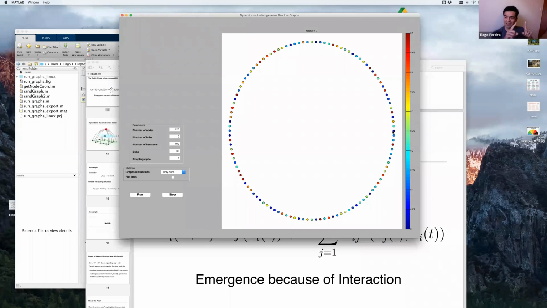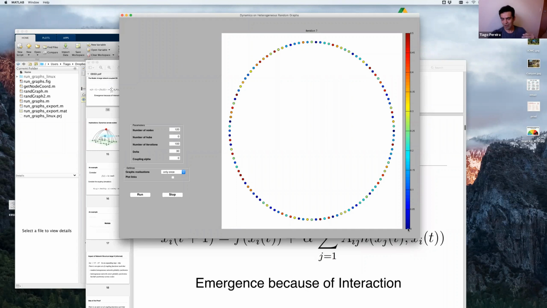I'll compare the difference between two states in the circle. I'll paint them blue if the two states are the same in the circle, so I project to the circle, and they will be red if they are antipodal. This is the largest distance in the circle. So the color on top of each node is the distance in the circle that it has to the reference node. Is it clear?